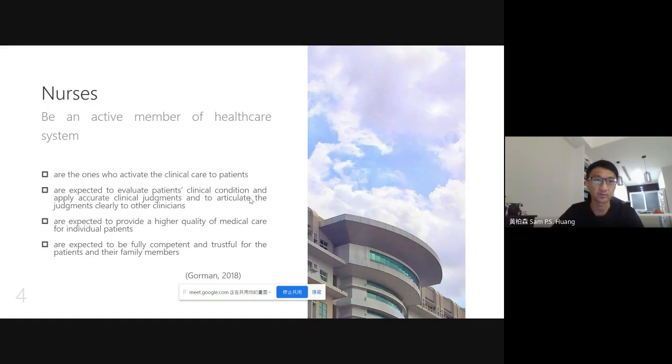They are expected to evaluate patients' clinical condition, apply accurate clinical judgments, and articulate the judgments carefully to other clinicians. Nurses are also expected to provide higher quality medical care for individual patients. They should be fully competent and trustworthy to patients and their family members, which is the end goal of our training.